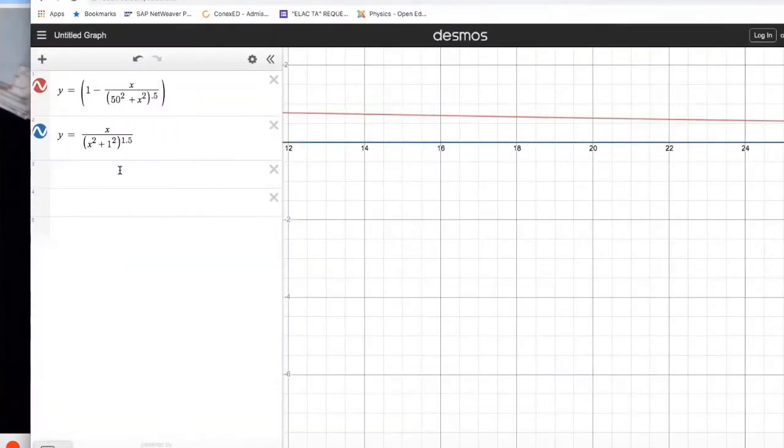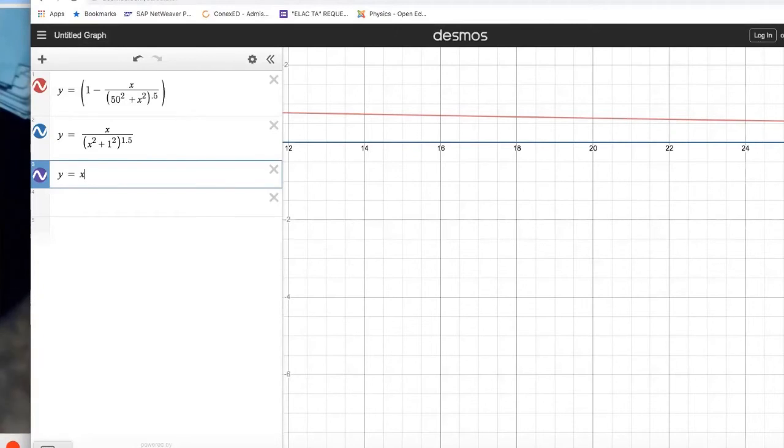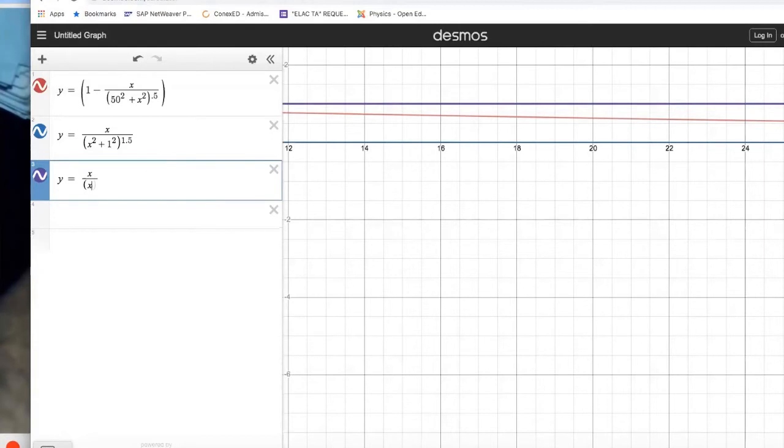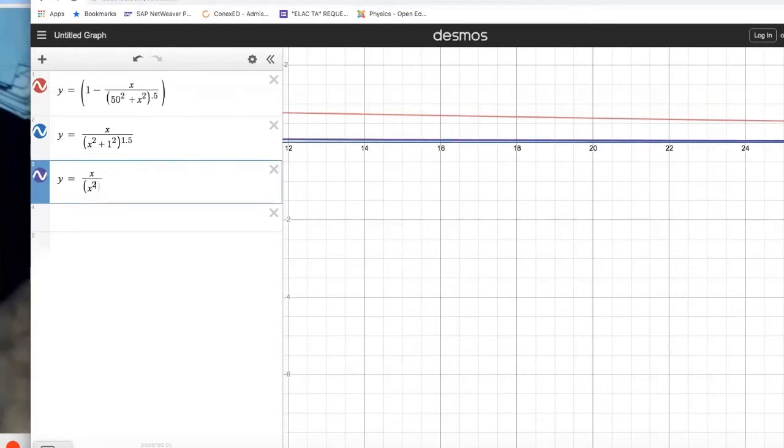So what would that look like? y equals x divided by x to the power 2 plus, let's say the length of the rod is 2 meters. We'll make it easy. Then it'll just be 2 squared over 4, so it'll just be 1.